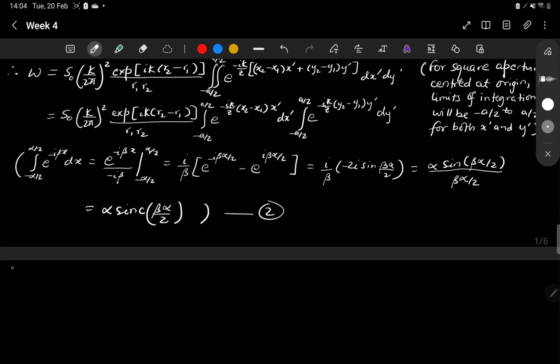So using this, we get the final expression for the cross spectral density. Let us put it all together.